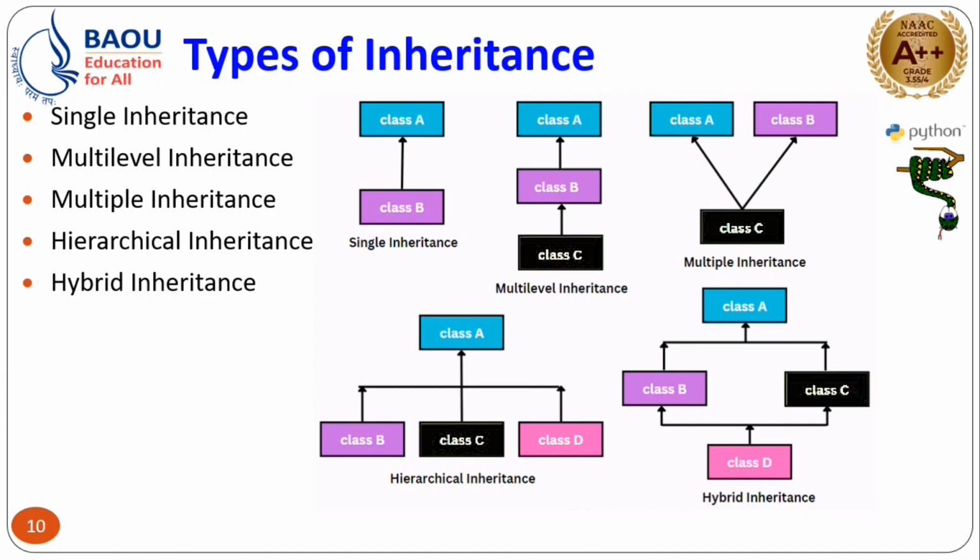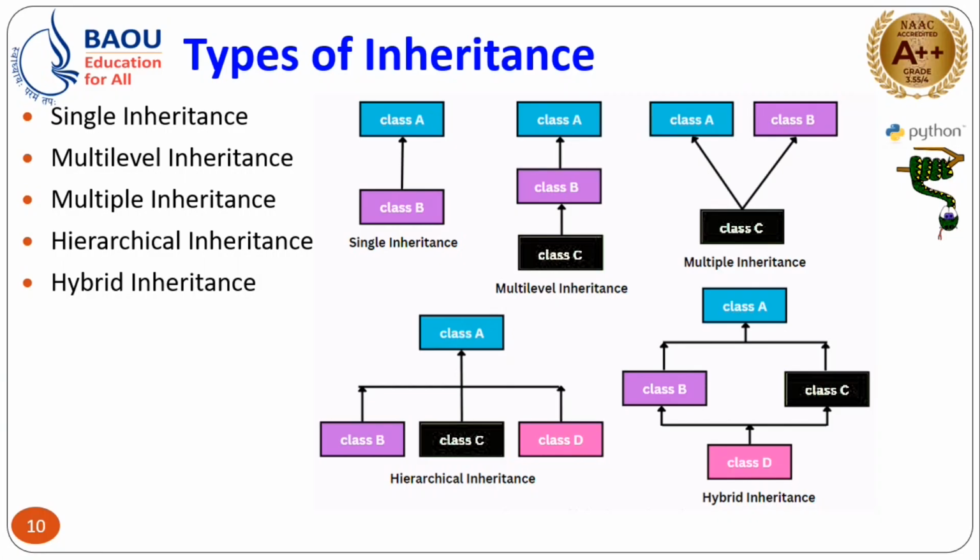On the screen you can see the diagram. Based on that you can get an idea. Say for example, in single inheritance there are two classes, one class is the parent class and another class is the child class. So in this class hierarchy, only a single class is a child class. That's why it is called single inheritance.